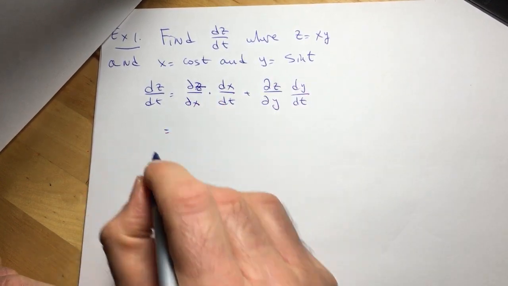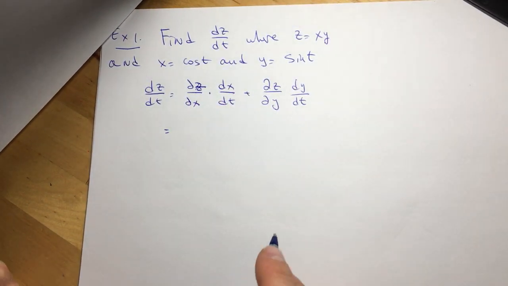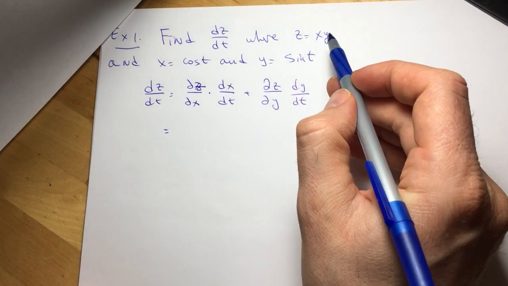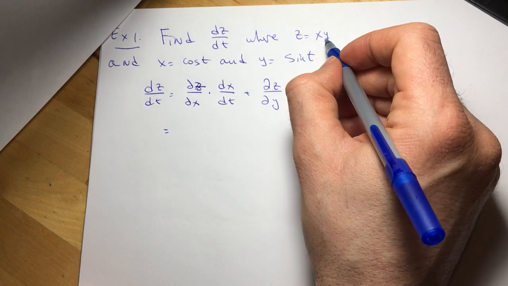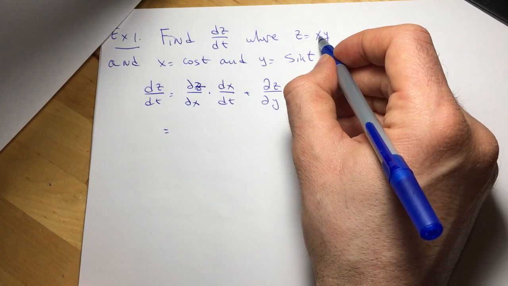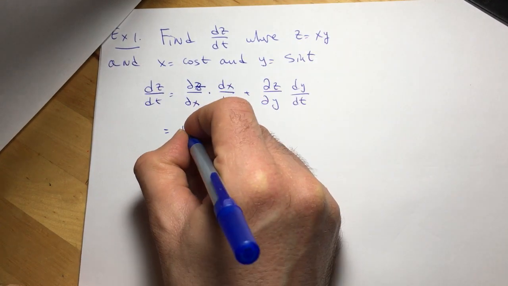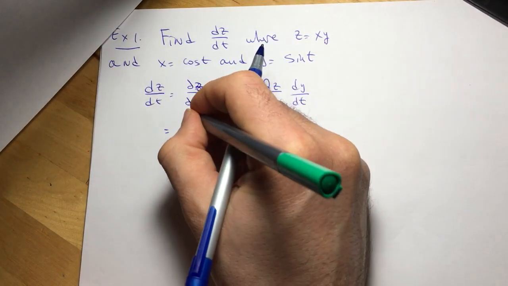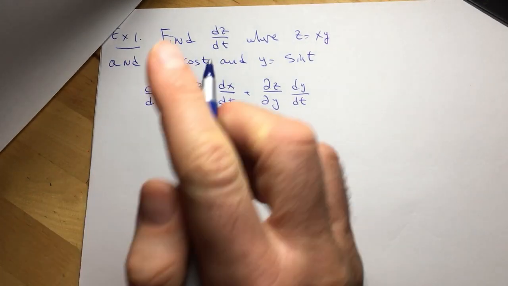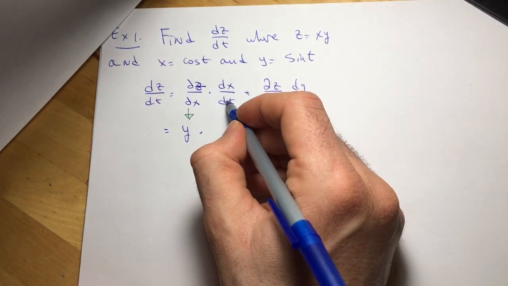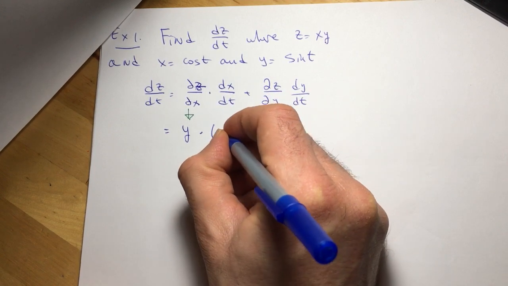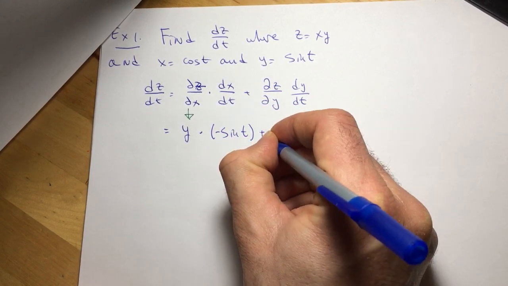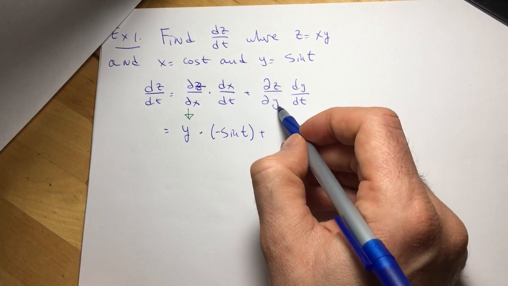Okay, so what is partial z partial x? This is the product x times y, so I treat y as a constant. The derivative of x is 1 times the constant y, that's only y, times dx dt, the derivative of x with respect to t, which is negative sine of t, plus partial z partial y.